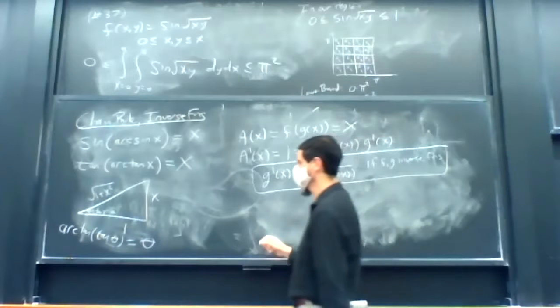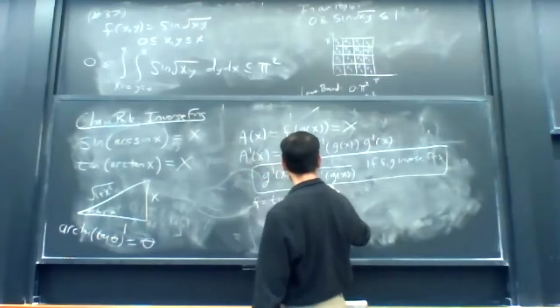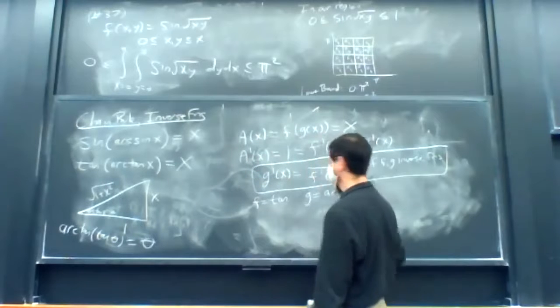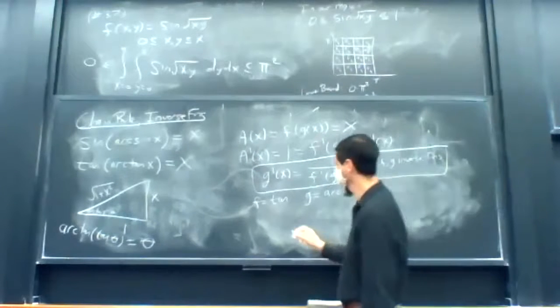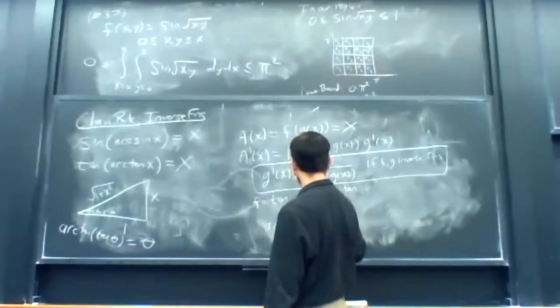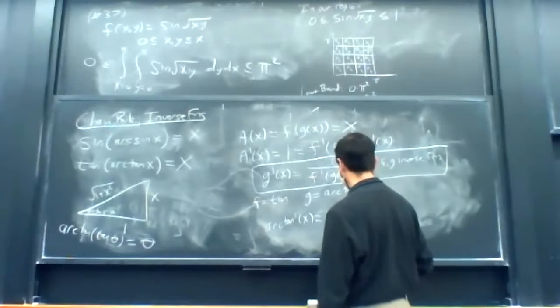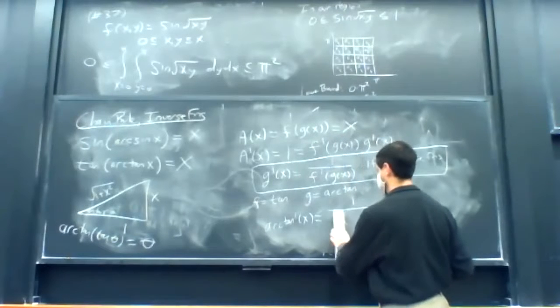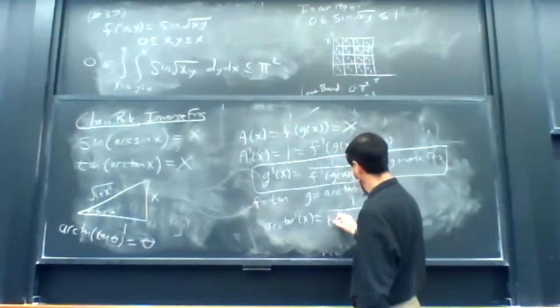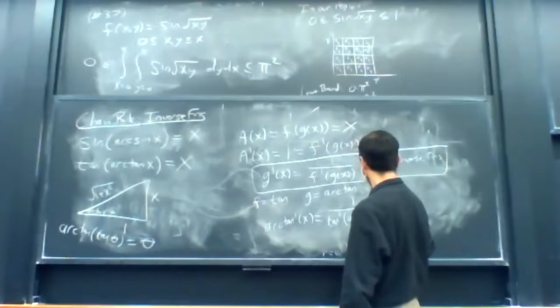Let's use this for tangent. If we take f to be tangent and g to be arctangent, this tells us that arctangent prime of x is 1 over f prime, well, f is tangent, so 1 over tangent prime of arctangent of x.